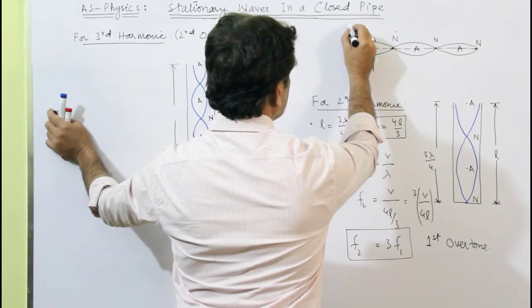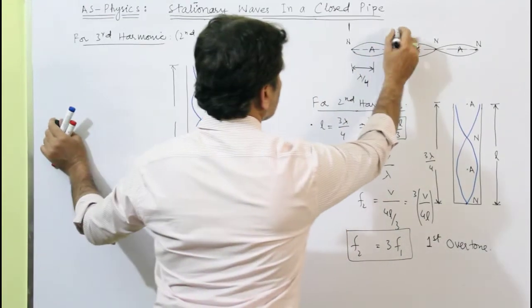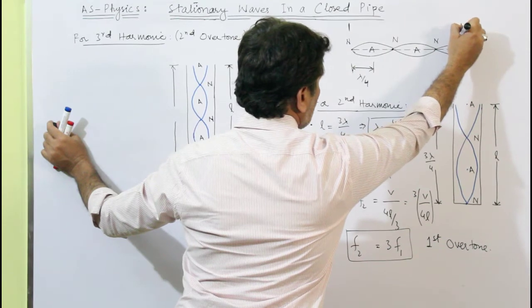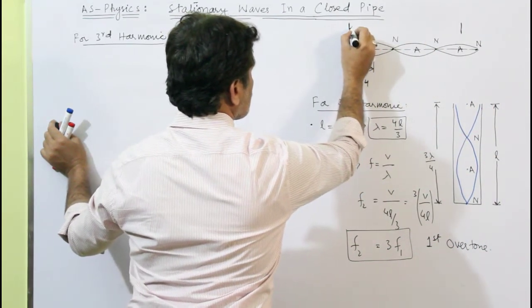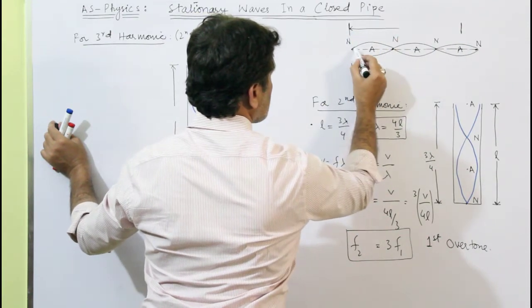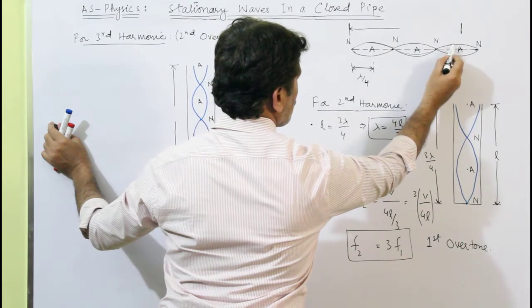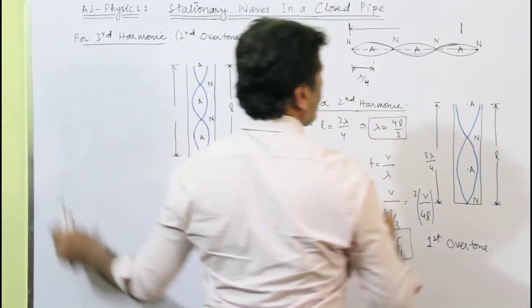If we start from here, that is the first node which is formed at the closed end, and this antinode is formed at the open end. So it means one cycle is complete, that's why one wavelength, and it is a quarter wavelength for the half of the loop.